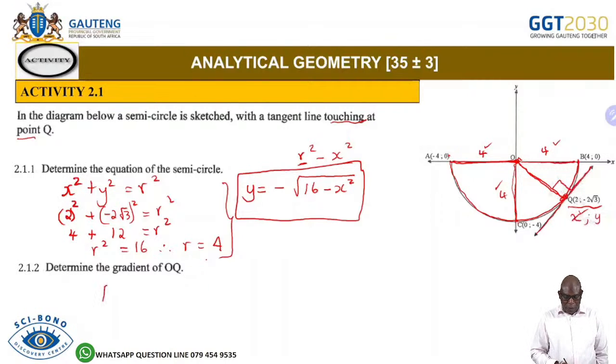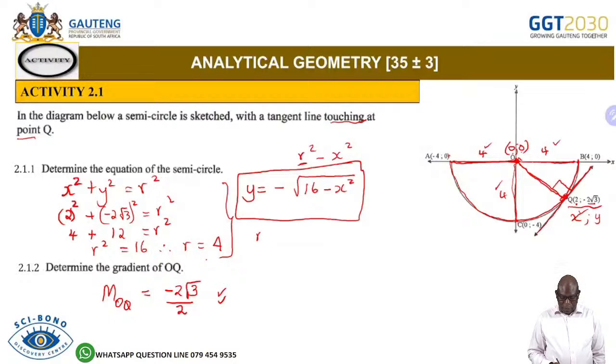The gradient of OQ will be equal to the change in y over the change in x. So here it's 0 and 0. So it will be 0 minus the y value, and 0 minus the x value. I take the y value as it is and the x value as it is. Only do this if it's from the center.